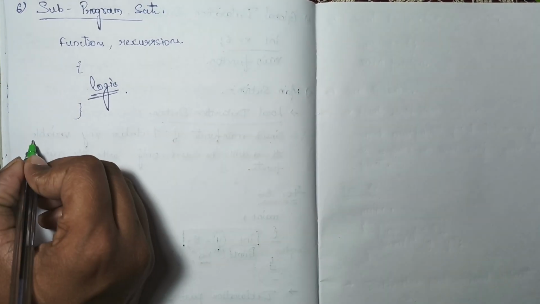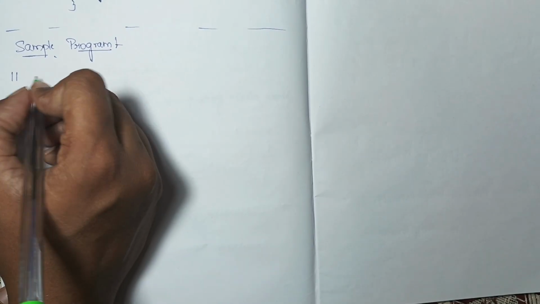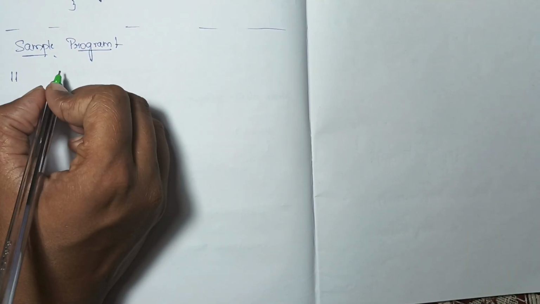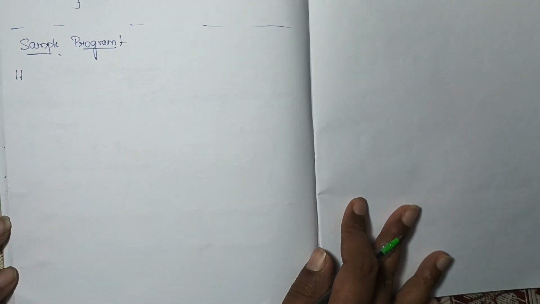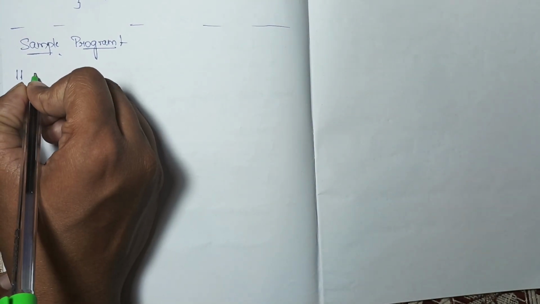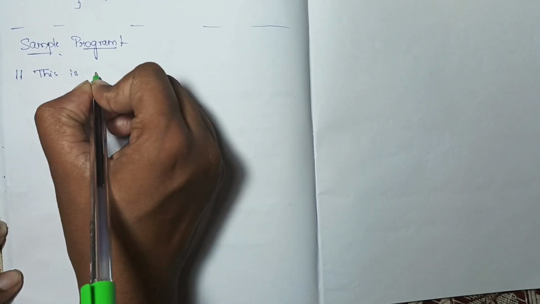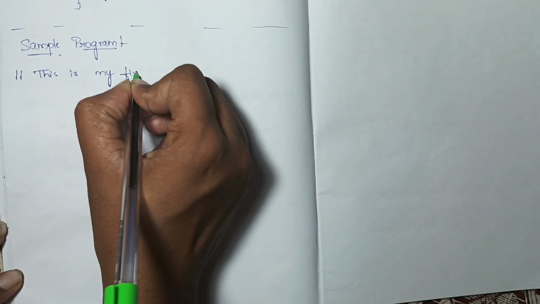Now, first we'll write a comment declaring what's inside the program, for the other coders who are reading my program. So this is my first program.